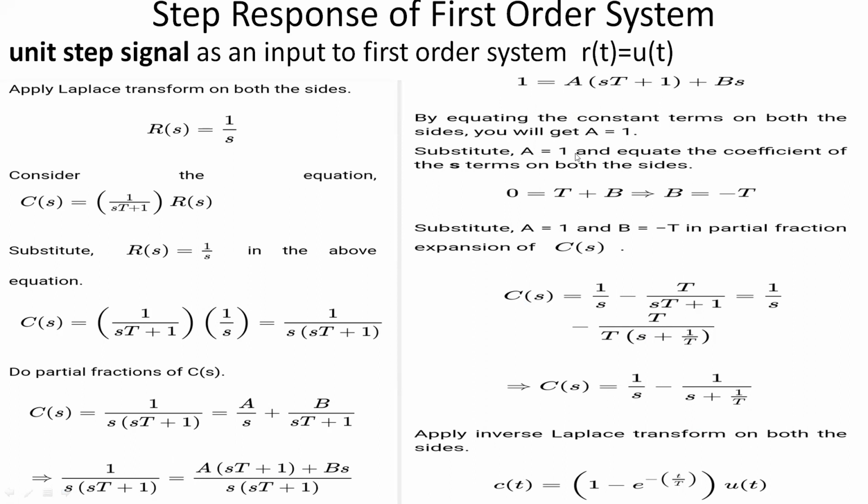Substituting A equal to 1, we equate the coefficients of the s terms on both sides. On the right side there is no coefficient of s, so 0.